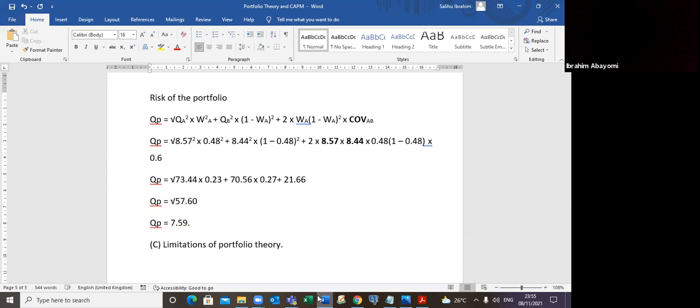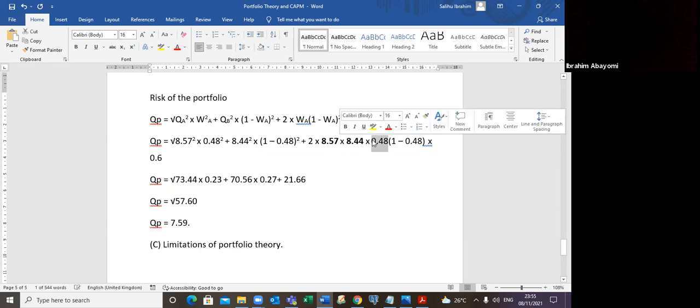If you look at what we did here, we are saying invest 48%, we're undertaking 48% of project A. So portfolio theory is assuming that projects are divisible, but in actual sense not all projects are divisible. So I cannot say, undertake 50% of project A, undertake 30% of project B in all cases.